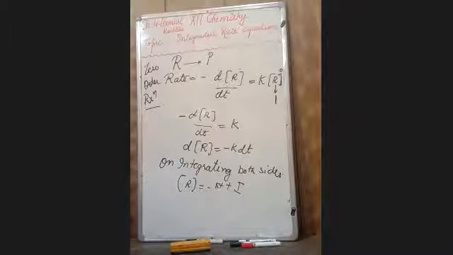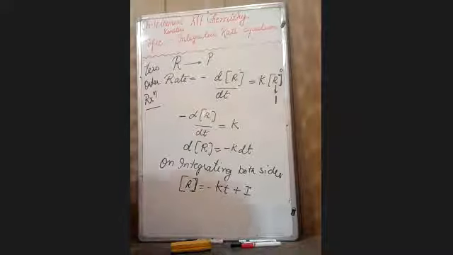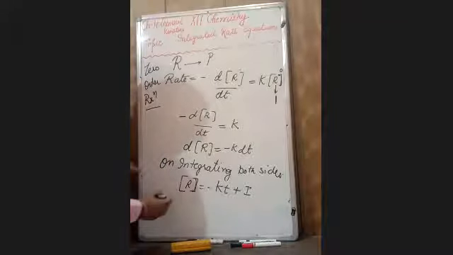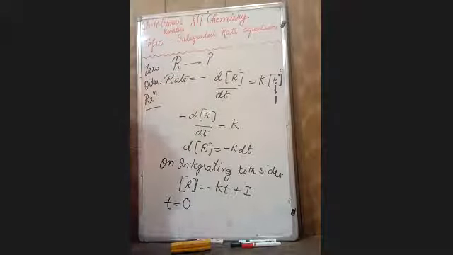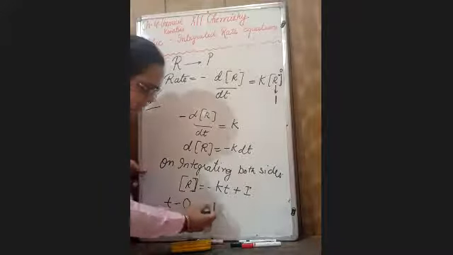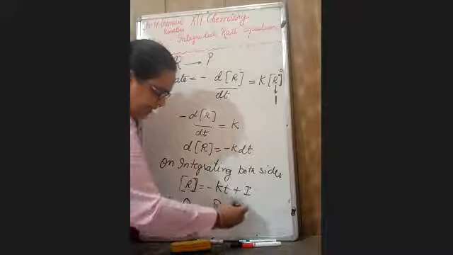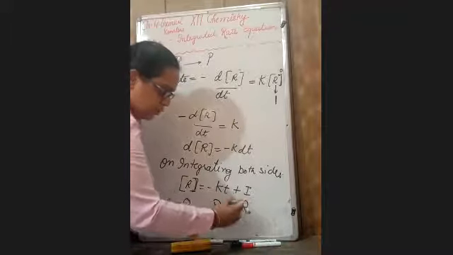Fine, simple. Now, at time t is equal to 0, suppose we just started the reaction. When the time t is equal to 0, suppose the initial concentration of reactant is R naught.